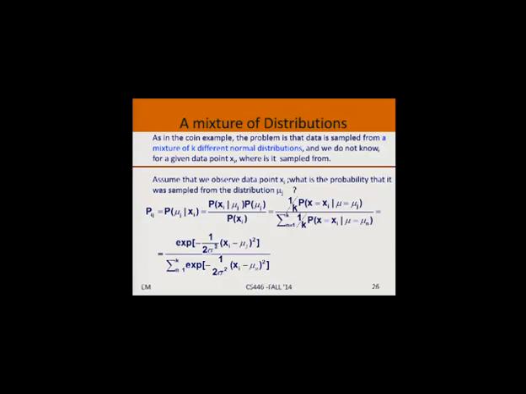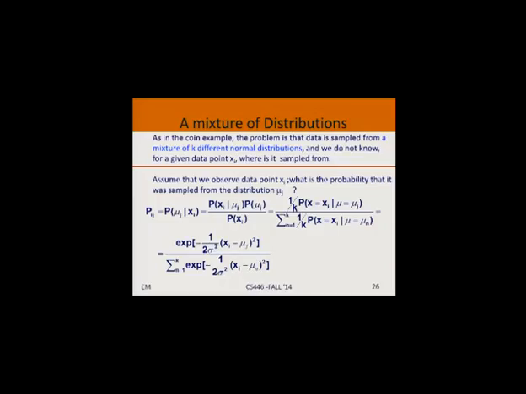By Bayes rule, it's p of xi given mu j, times p of mu j, divided by p of xi. And we can compute it. First of all, for simplicity, I'm assuming that p of mu j for all j is 1 over k, a uniform distribution over the Gaussians. So this is 1 over k.